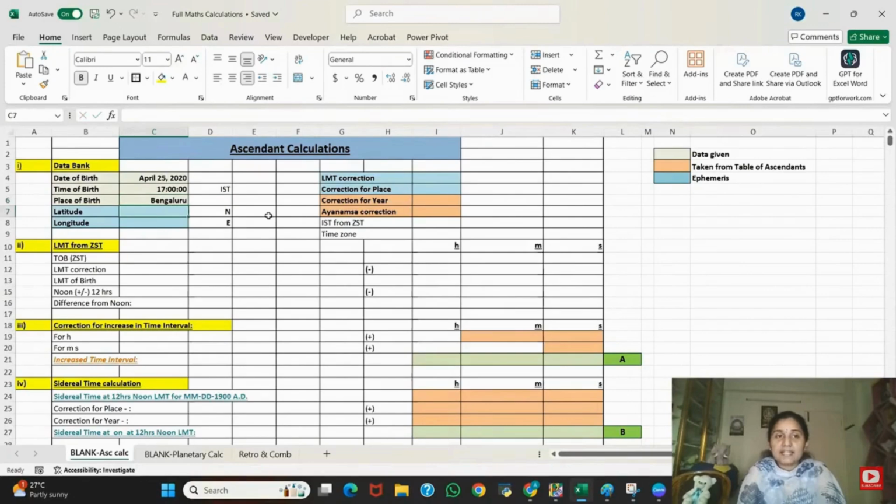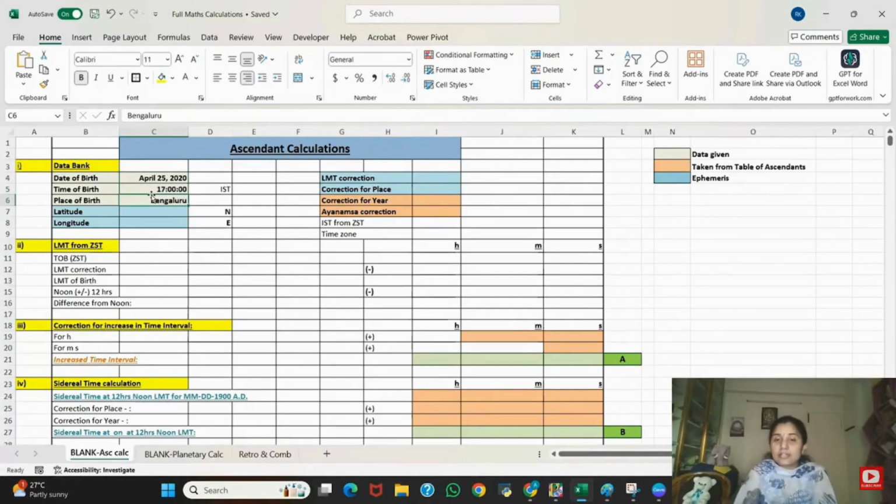These three will be the given data for us. As you can see here, I have colored each cell differently, and these three cells are the data given. So we'll have only these three data: date of birth, time of birth, as well as place of birth. Now let's proceed to the actual calculation.